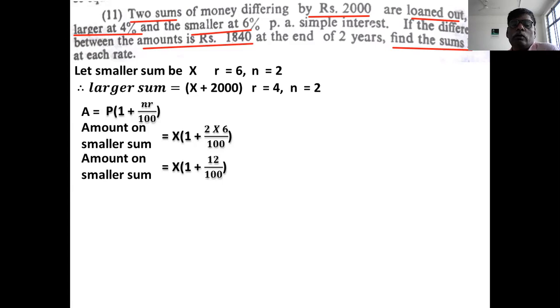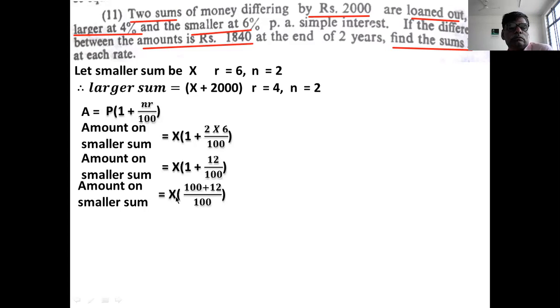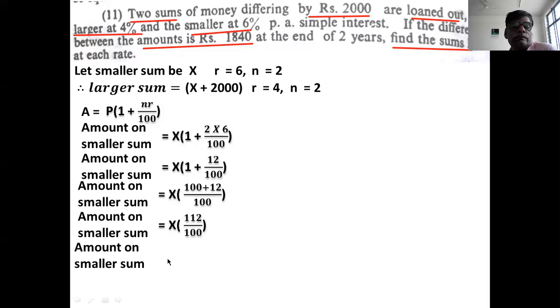Taking the LCM, 100 plus 12 divided by 100, so x into 112 by 100, which is 1.12x.